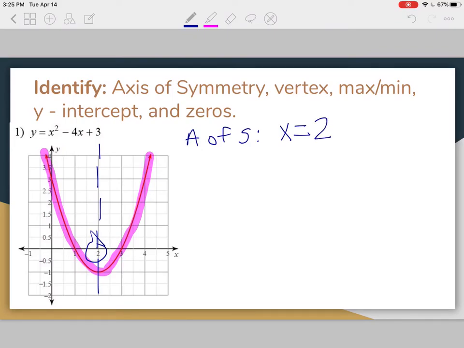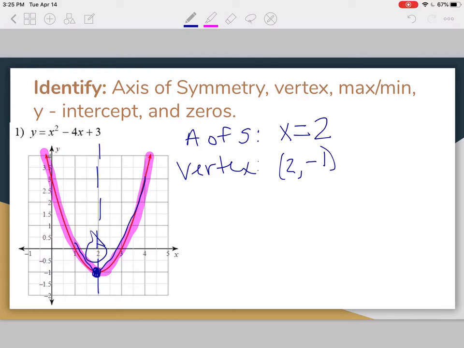Your vertex is the turning point. Right here is my turning point because my parabola is going down and then it stops and then at some point it starts turning the other way, hence the reason why it's called a turning point. So the vertex in this case is at that point, which is 2, -1. We're just looking for that ordered pair.